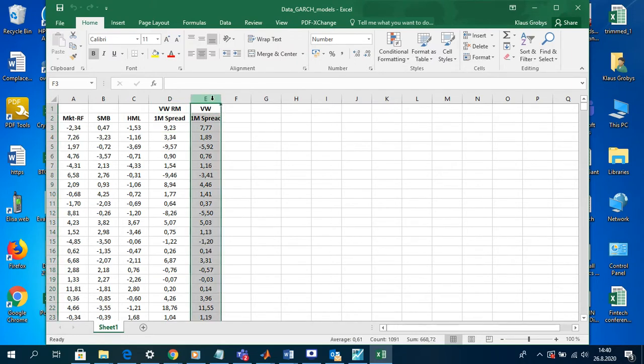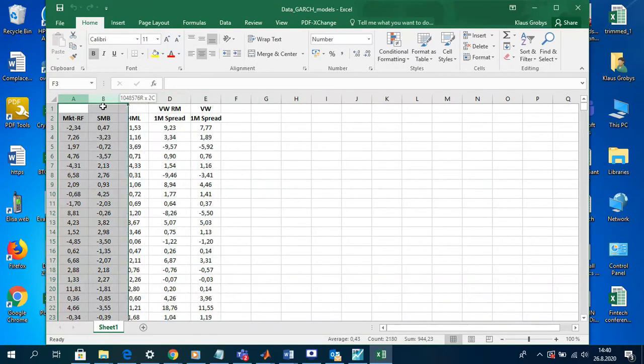In column E, we see the unscaled counterpart, the short-term industry momentum factor, this 101 strategy you remember from the lectures, using value-weighted industrial portfolios as input assets. All of these factors are related to the US stock market.